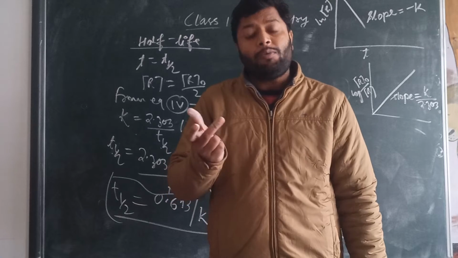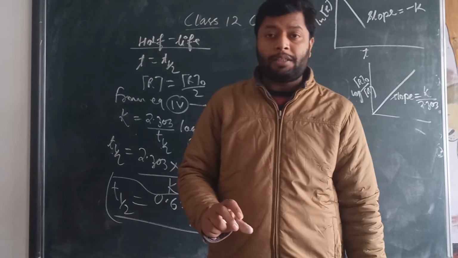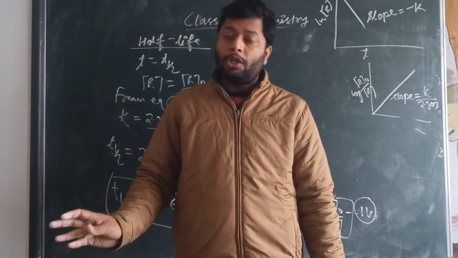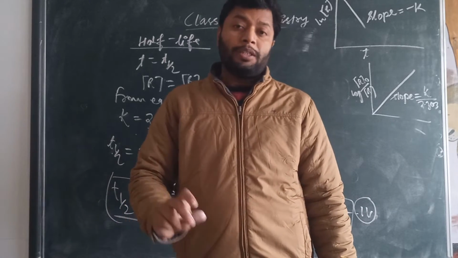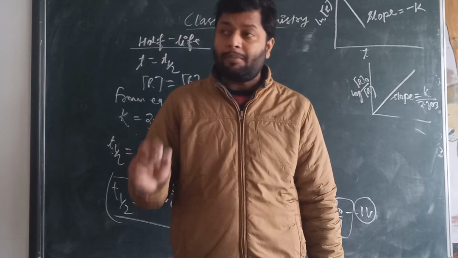So how can we calculate the rate constant value, or the time period, for that equation? Now I am going to derive one more formula for the first order reaction in terms of pressure.